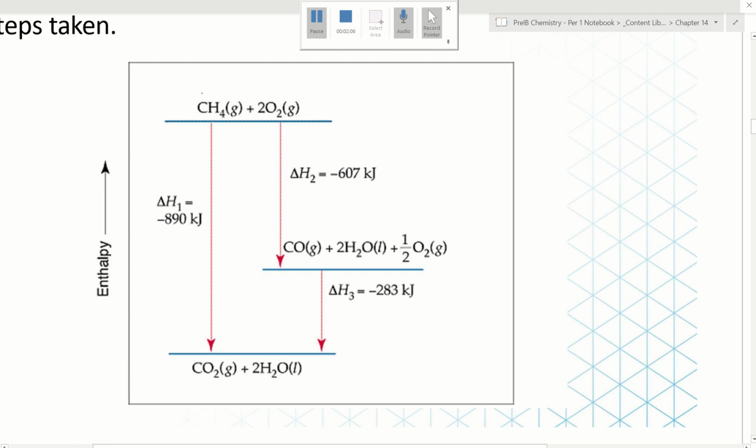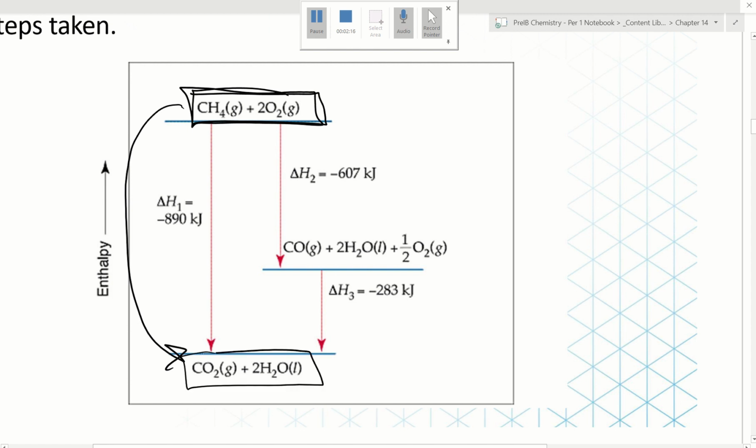If I look at this, I have methane plus oxygen. Well, methane plus oxygen can be converted directly into carbon dioxide and water in one step. And when it does that, it releases negative 890 kilojoules. However, this same reaction can go through a second step first.